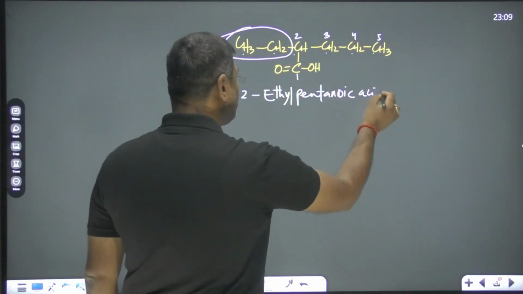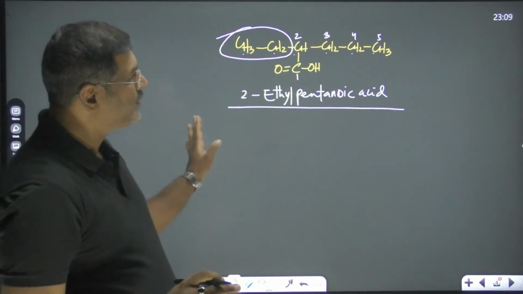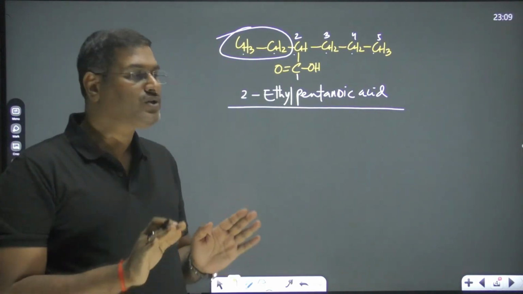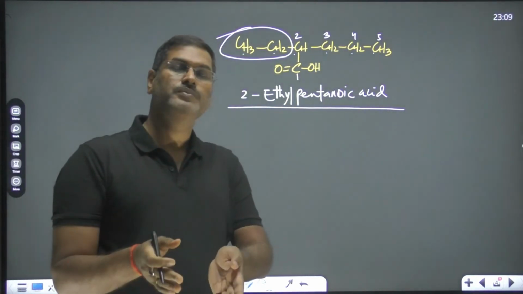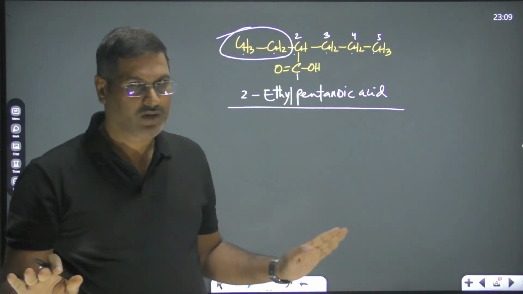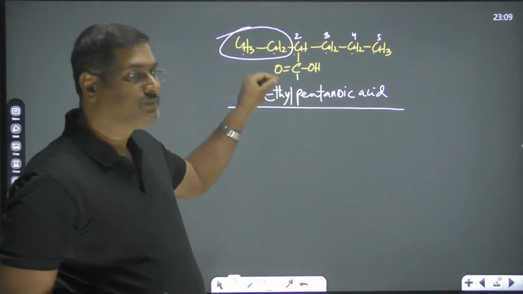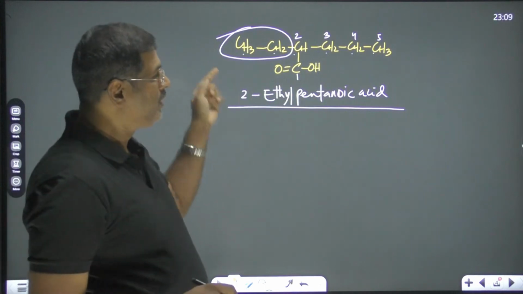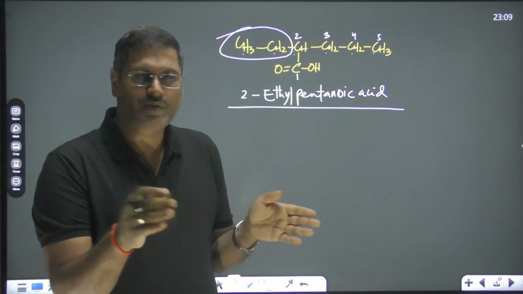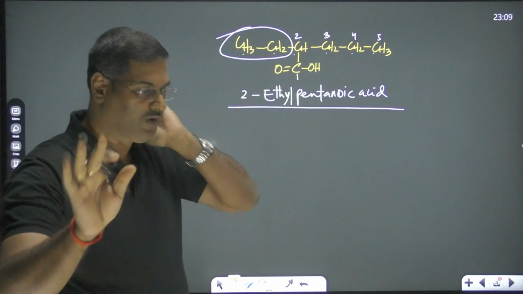This rule is clear: the parent chain must include the COOH group irrespective of the number of carbon atoms in the chain. Numbering starts with the carbon atom of COOH, including that we form the longest possible chain, and the rest of the substituents are arranged alphabetically. That is the normal rule applicable.